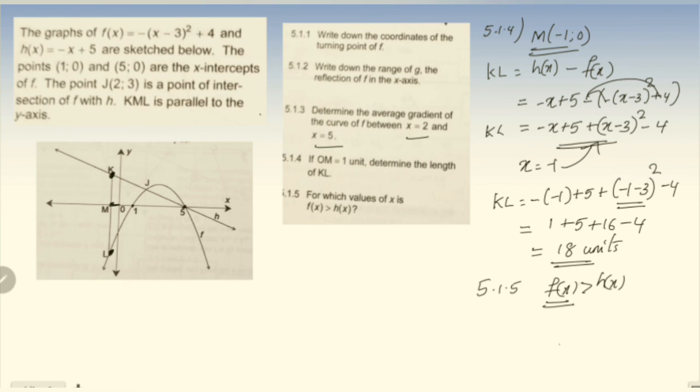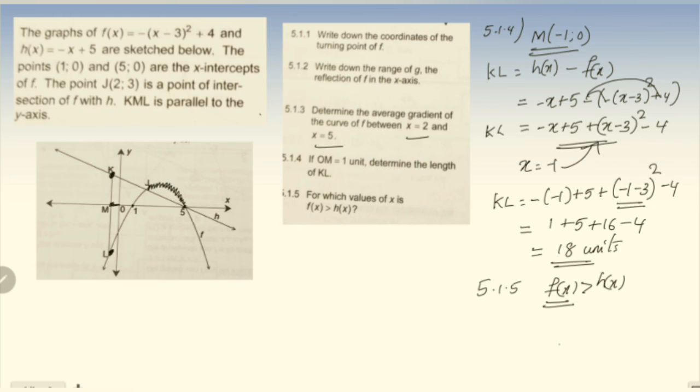The parabola. Where is it greater or bigger than h of x? Bigger means above h of x. Did you see that portion? I will indicate here. All of you look at the diagram. See, this is the portion where the parabola is above the straight line. In all other portions the parabola is below the straight line.